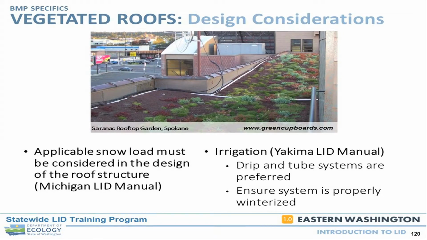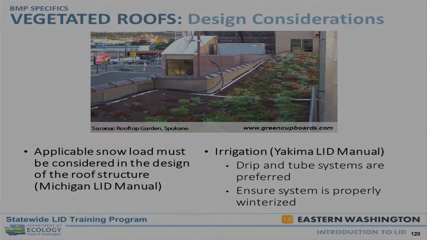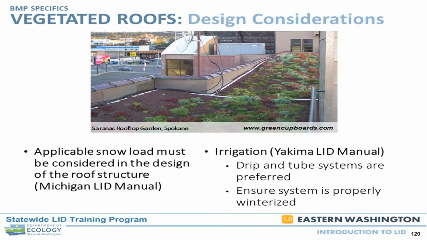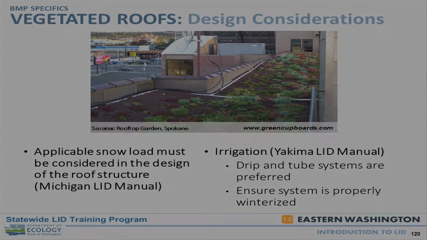So irrigation does need to be a factor here during plant establishment and potentially beyond too. And things that the Yakima LID manual talks about: drip and tube systems, as well as ensuring the system is properly winterized. So that's something that for all irrigation, whether it's on a vegetated roof or in bioretention, during plant establishment, you want to factor in the irrigation systems and fluctuating temperatures throughout the year.